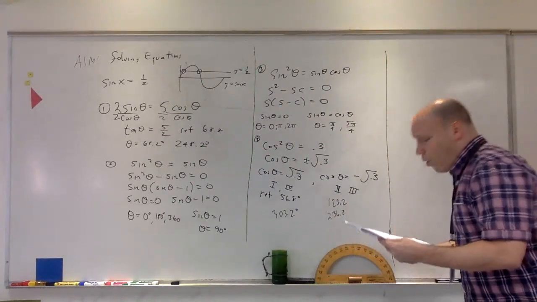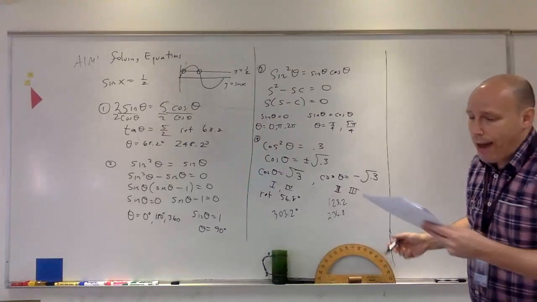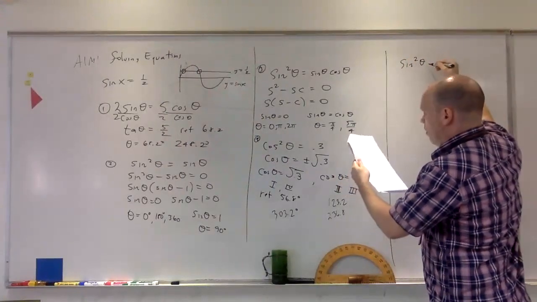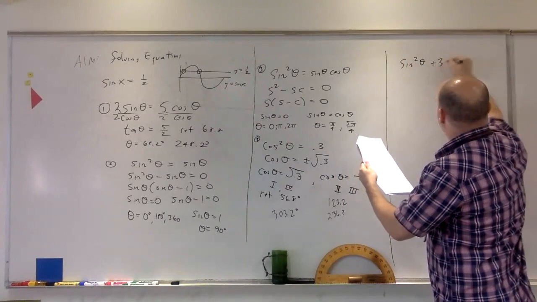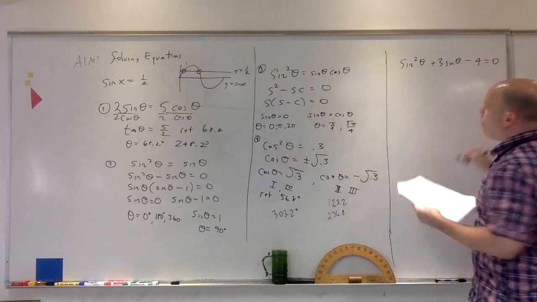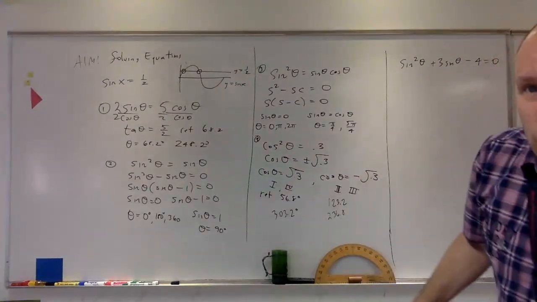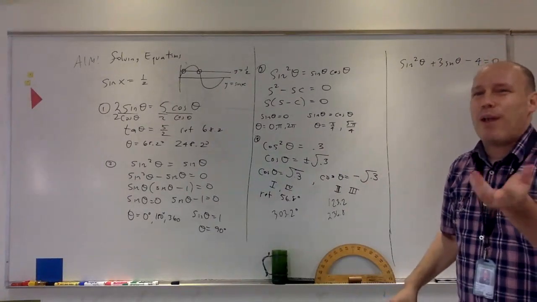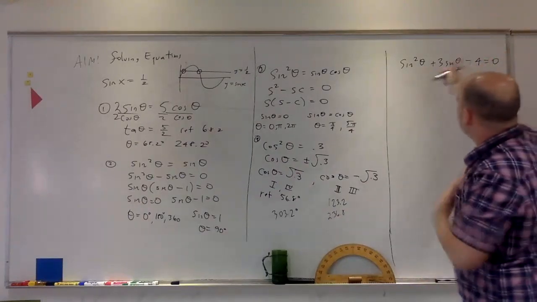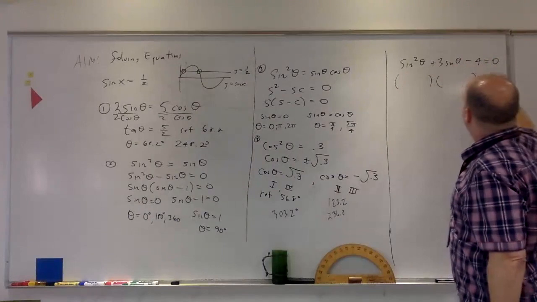If it looks like a quadratic, you deal with it like a quadratic. So for example, sine squared theta plus 3 sine theta minus 4 equals 0. It's just like that chapter 2 or chapter 3 where you say, oh, it looks like a quadratic, factor it.